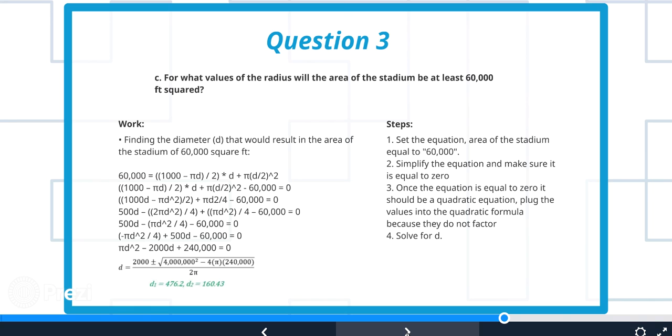Plug the values into the quadratic formula because they do not factor. That is shown in the work on the left side. Once you have your quadratic formula, you can plug that into the calculator and you should get that diameter is either equal to 476.2 feet or 160.43 feet when the area of the stadium is at least 60,000 feet squared.